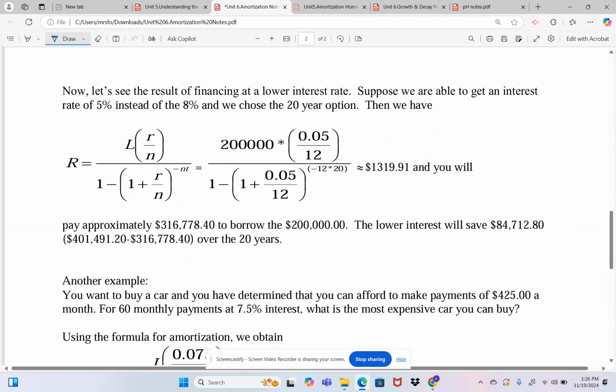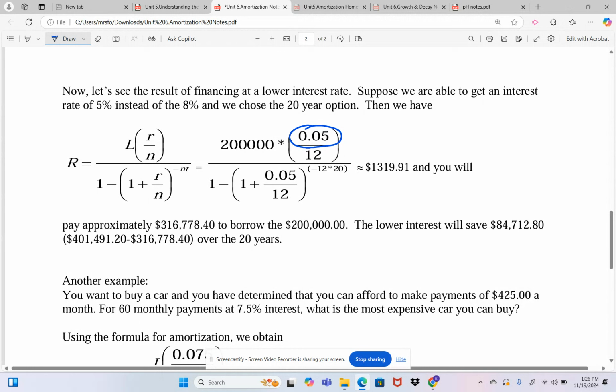Okay, now let's see the result of financing with a lower interest rate. So what changes in this problem for the 20-year loan option is instead of having an 8% interest rate, we're looking at a 5% interest rate. So the lower the interest rate, common sense wise, we'll think my payment's going to be less. That's why people get so bogged down about interest rates.